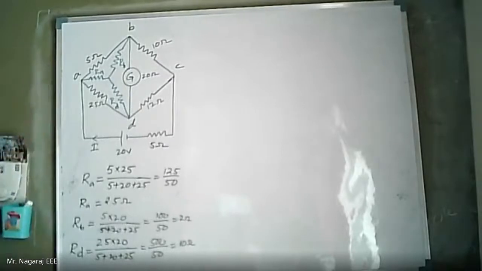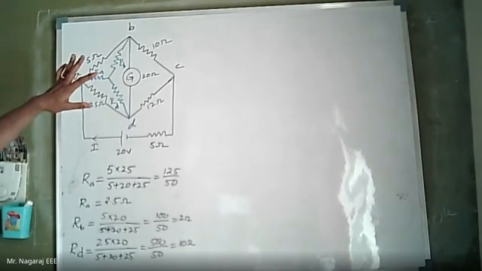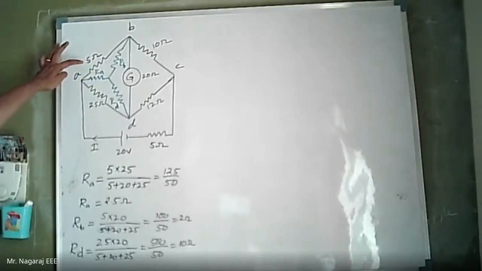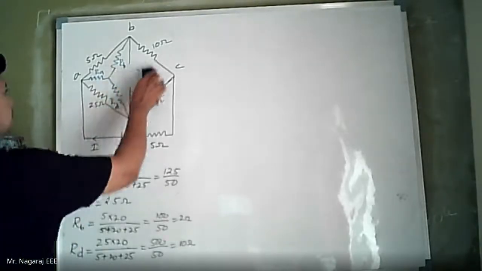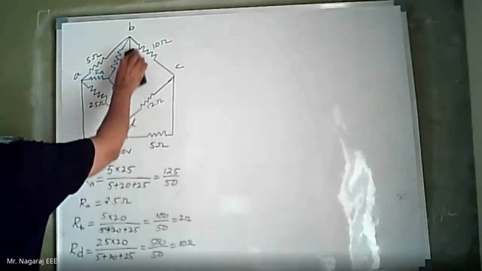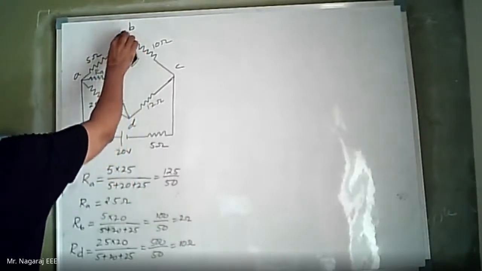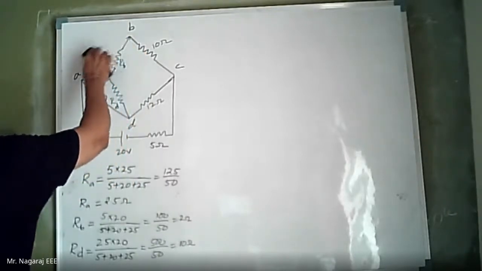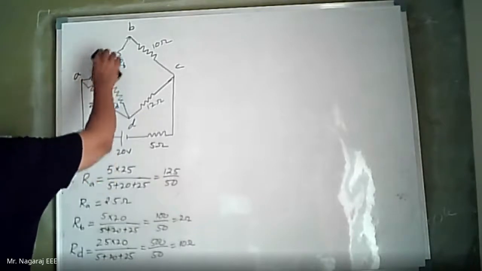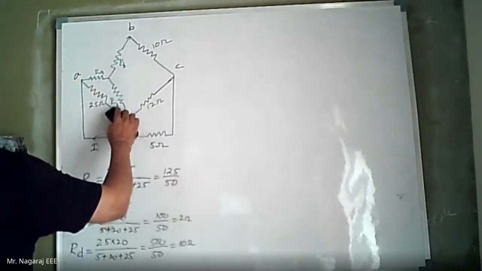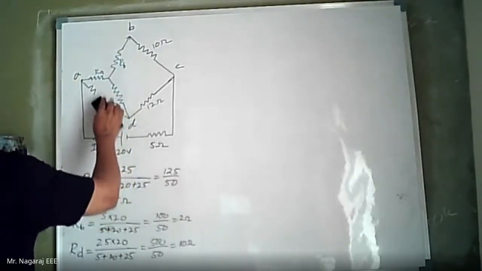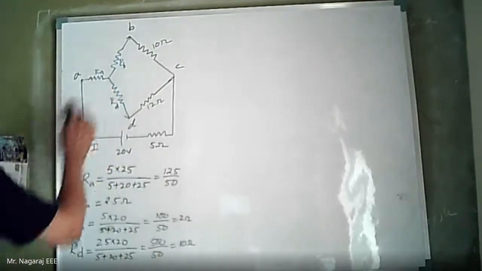Now I will draw the equivalent circuit of the transformed equivalent of this delta combination. I will simply rub this out.